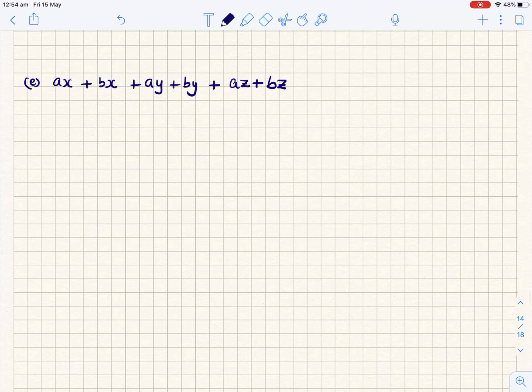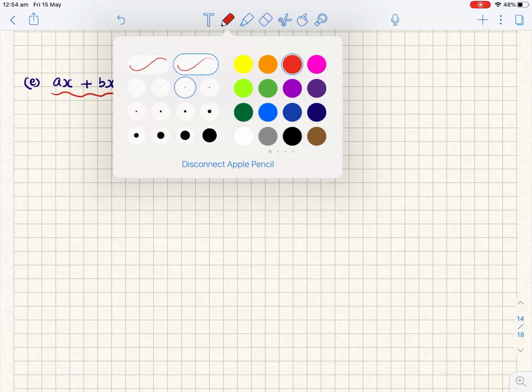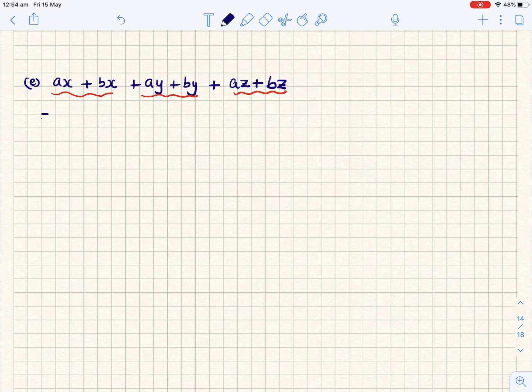Part E. Actually, we have three pairs now. And we need to look carefully. If we take something common, do we get any common expression? So if you take x outside, you get a plus b.